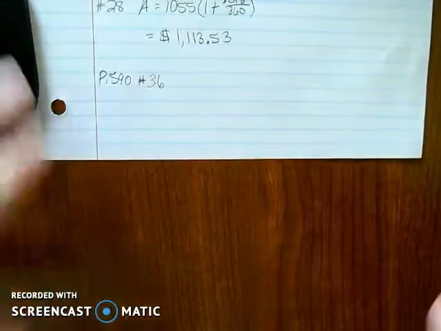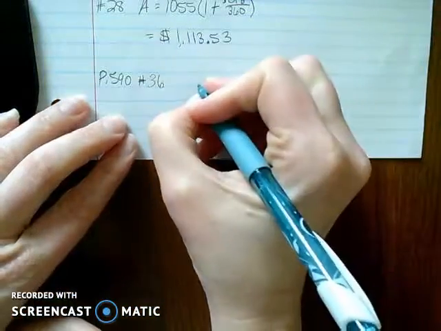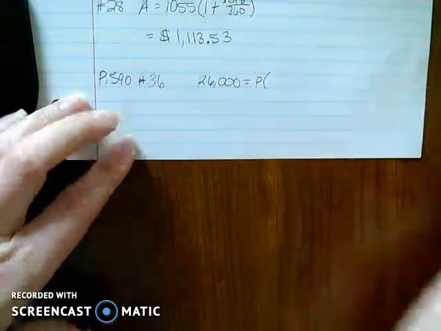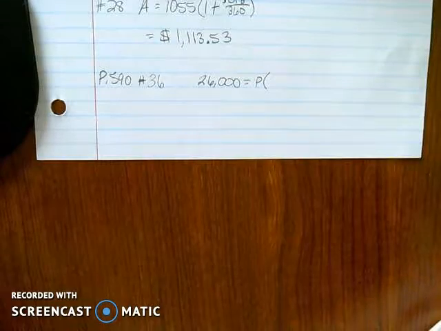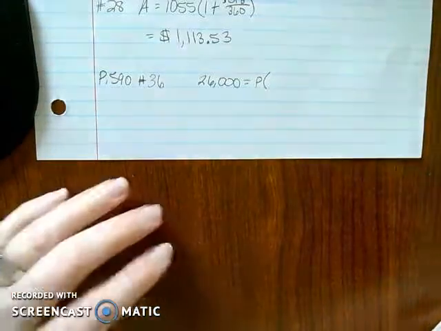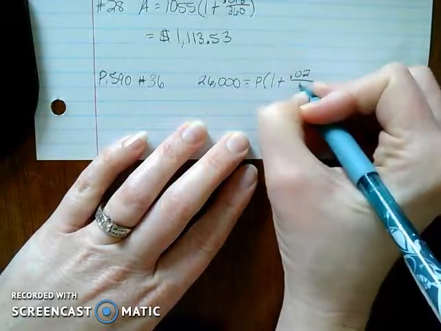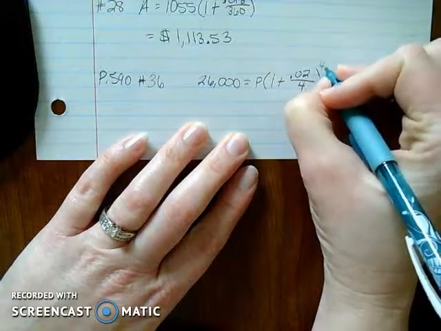Okay, so this time they don't give you a principal. They're asking what your principal would need to be. So you need $26,000. You have to figure out how much you need to put in order to make that happen. Okay, so 26,000 equals P times 1 plus 2%, 0.02. Quarterly is 4. 4 times 15.